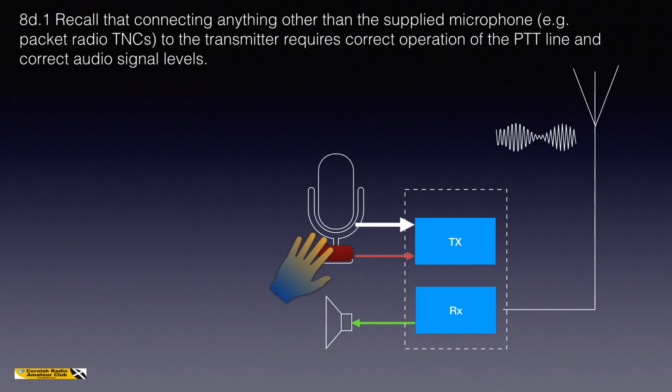Because you have a foundation license and you've purchased the equipment, you can assume that with normal speech levels you won't overmodulate, or if you're using FM modulation, you won't overdeviate your transmitter, because the design of the off-the-shelf transceiver is such that the microphone and transmitter are set up not to overmodulate for normal speech levels.